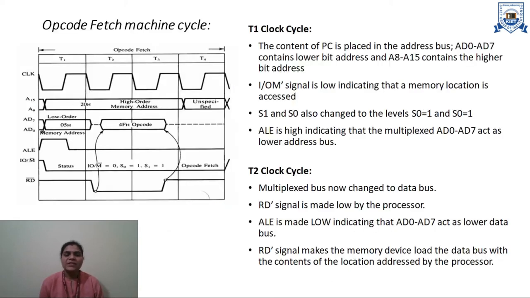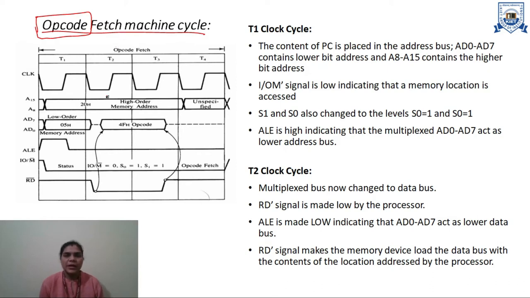As we have discussed, the machine operation can be graphically represented by a timing diagram. So here we are taking an example of a code fetch machine cycle. A code fetch means we are fetching an instruction from the memory.